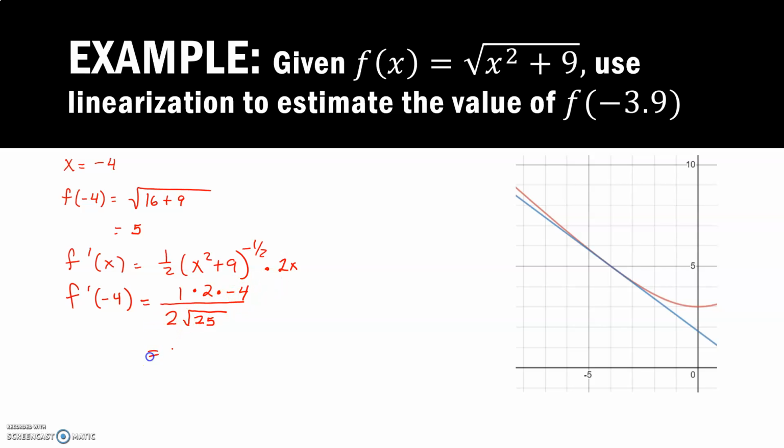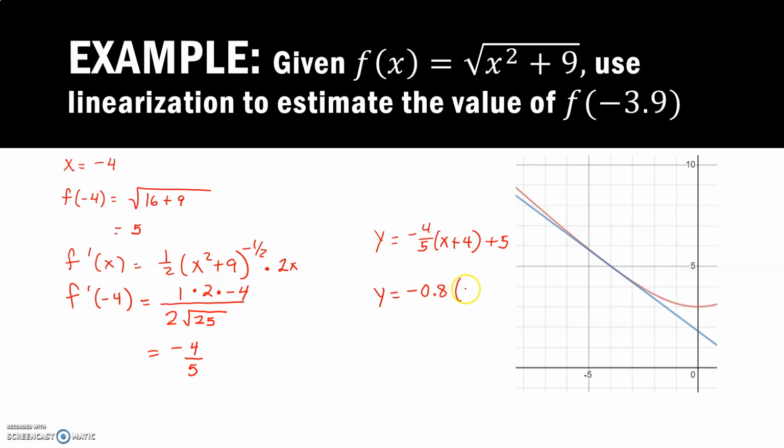And so stuff cancels and we get negative 4/5. So our equation for our tangent line is y equals negative 4/5 x plus 4 plus 5.